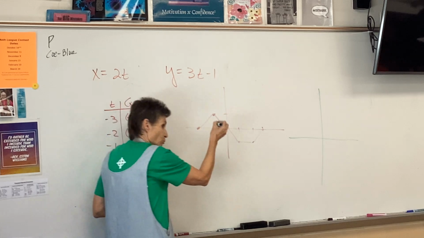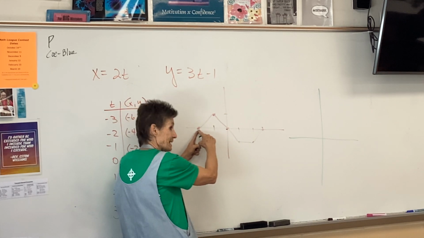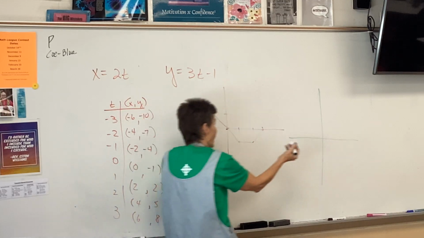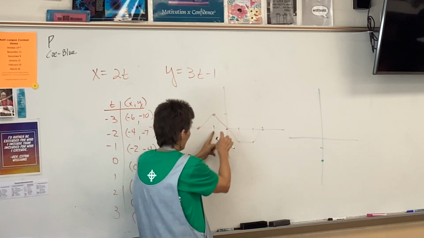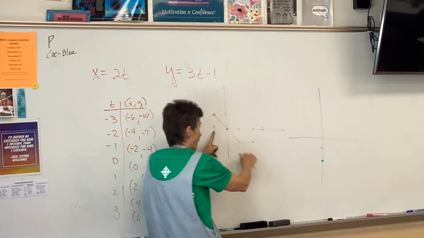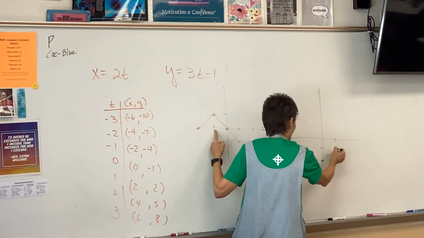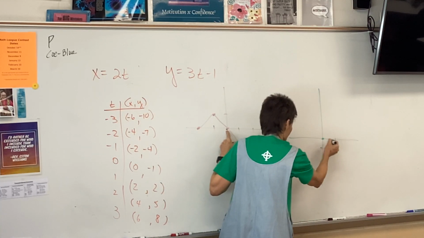So if I'm going to graph the inverse, then instead of the point 1, negative 2, I'll do negative 2, 1. Instead of 0, negative 2, I'll do negative 2, 0. And instead of negative 1, 1, I'll do 1, negative 1. 0, 0 won't change.